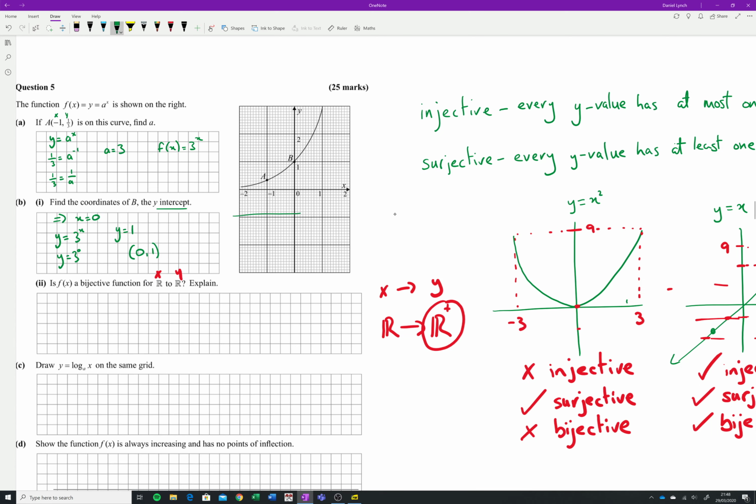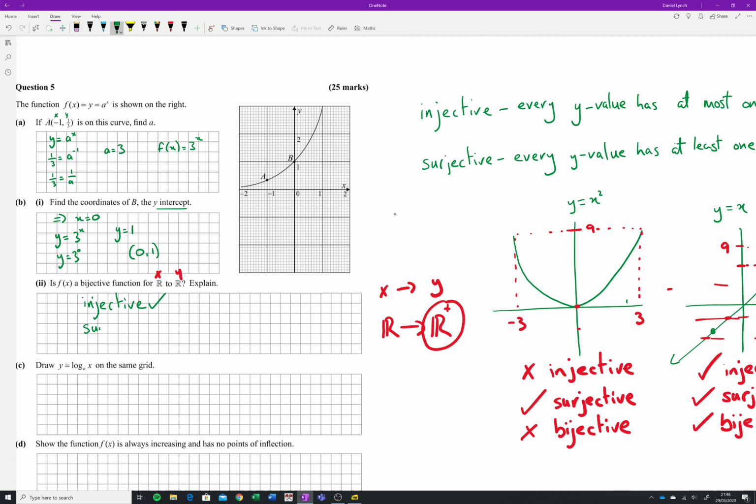So if you were to do a horizontal line, you don't want to hit the graph more than once. And you won't hit the graph more than once. You will only hit the graph once up here, and you won't hit it there. The point is that you shouldn't hit it twice. So is this thing injective? It is injective.